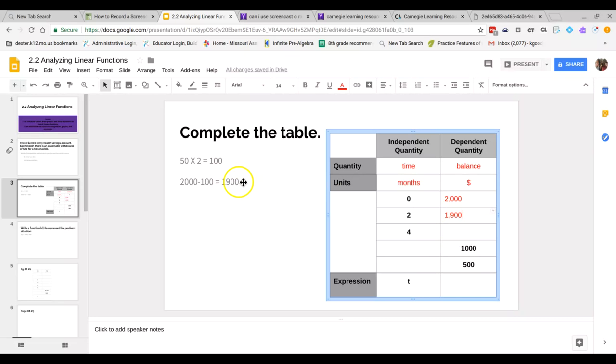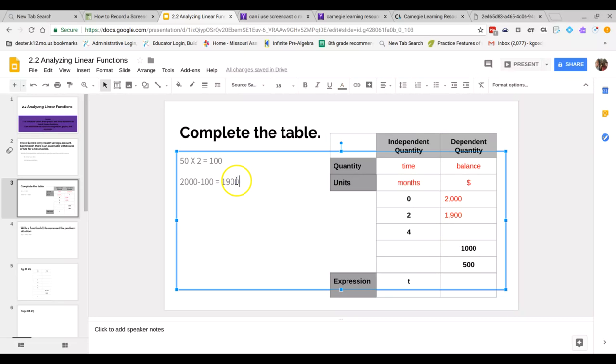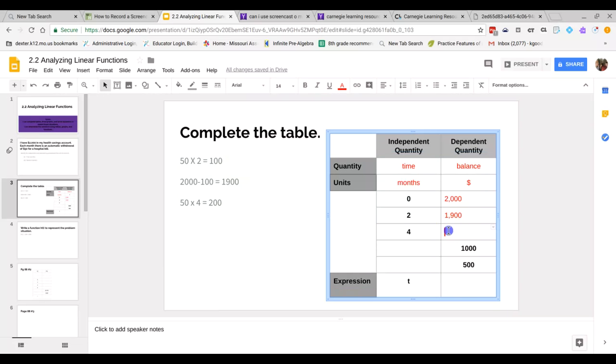All right, then 4 months. 50 times 4 is 200. So they would have withdrawn $200, and 2,000 minus 200 is 1,800. So after 4 months, my balance in my HSA would be $1,800.